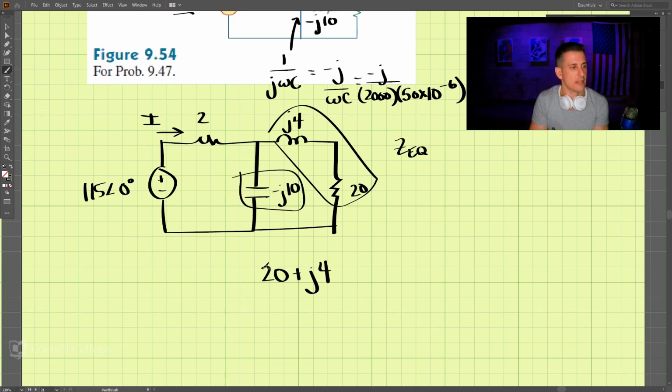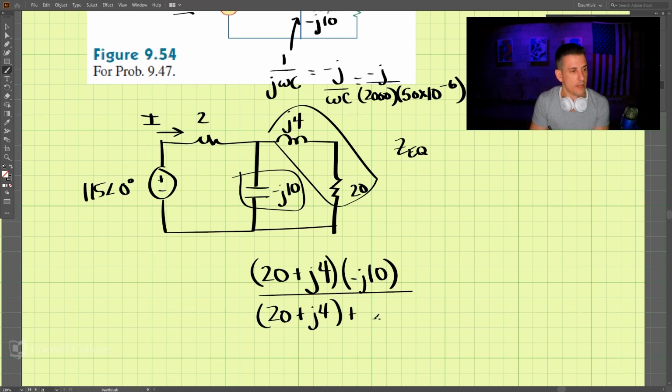So let's take this and put it in parallel. So we take this times our negative J10 divided by 20 plus J4 plus negative J10.